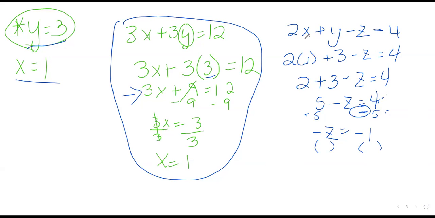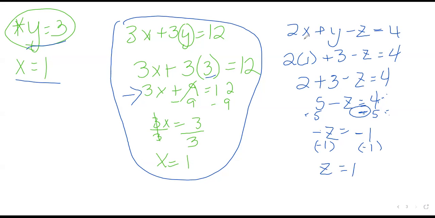So I just want to multiply by -1, right? I don't want to change anything. I just want this negative z to be a positive z. So a negative and a negative is a positive z. And so a -1 times -1 will give me what? Positive 1. So z is equal to 1.